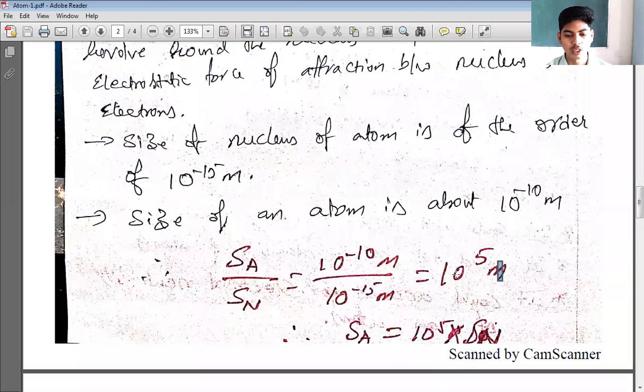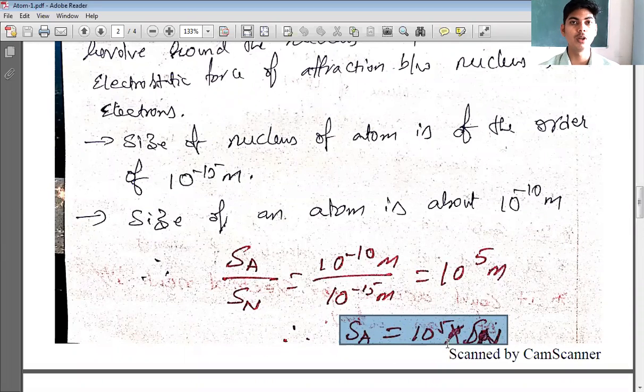Size of atom to size of nucleus is equal to 10 power 5. So size of atom is 10 power 5 times the size of nucleus.